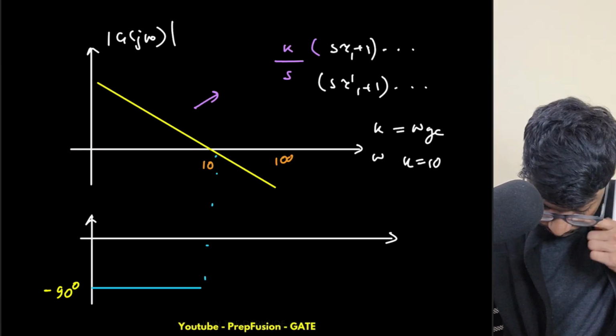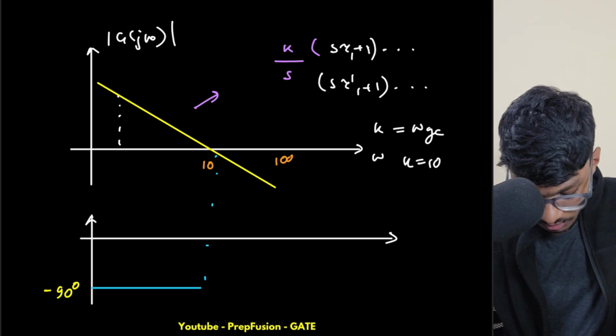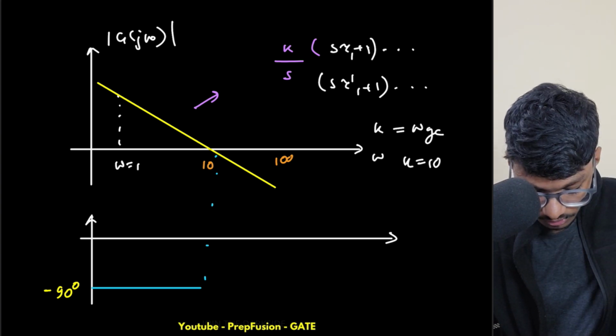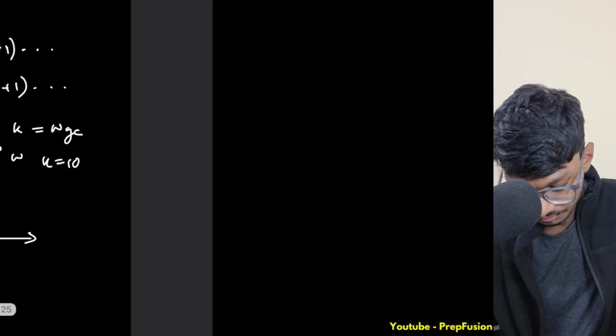So what you can do is you take a point here. Okay, omega equals 1, and at omega equals 1, what is my magnitude?